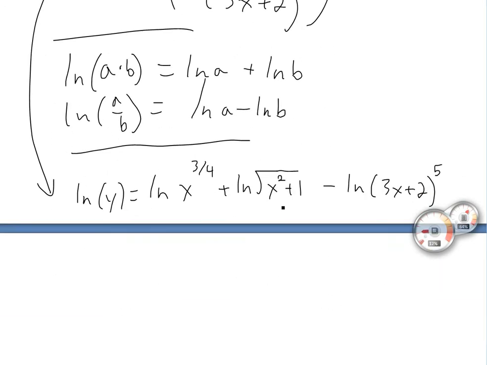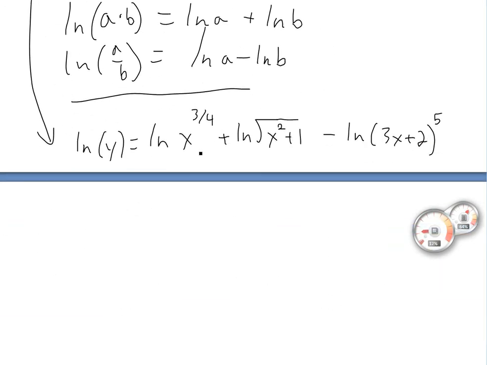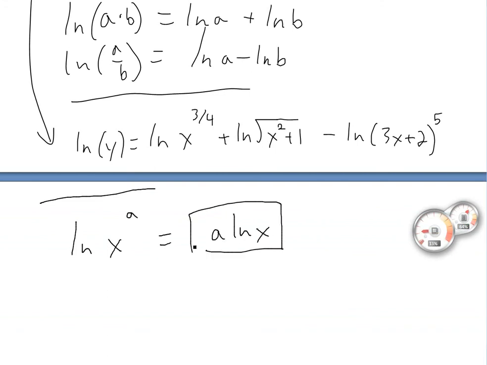And now that we have this, another log rule we're going to use is that if you have ln of x to the power a, this just equals a ln x. See my other video on the proofs of all these. So we just look at this one.